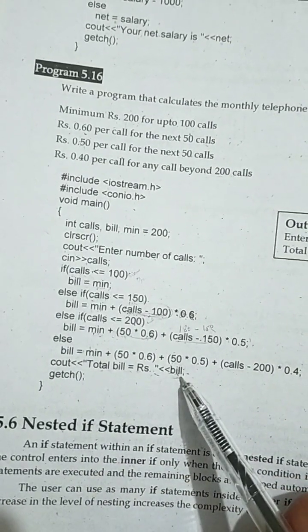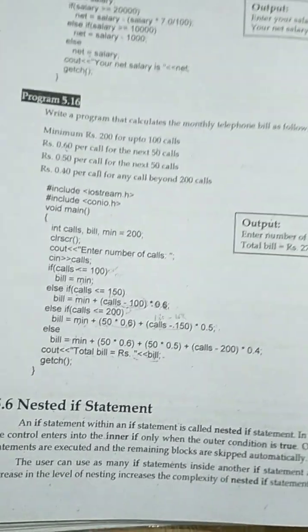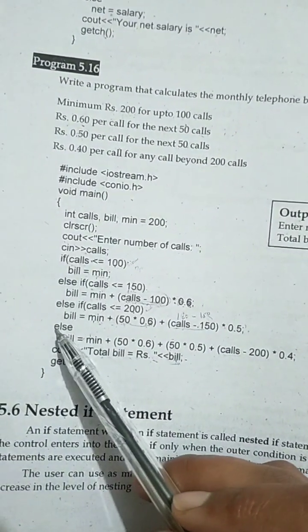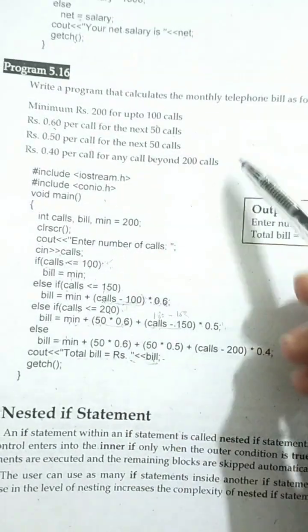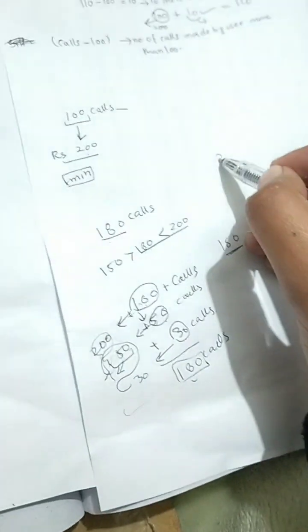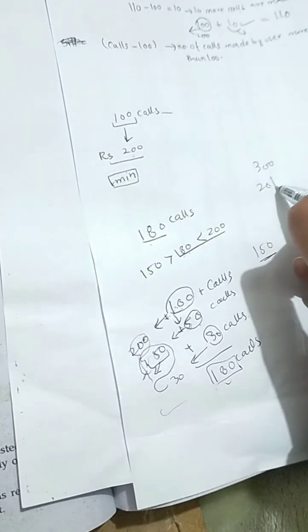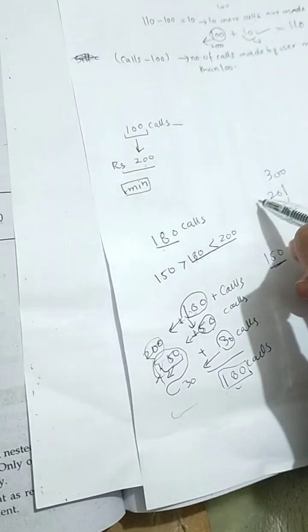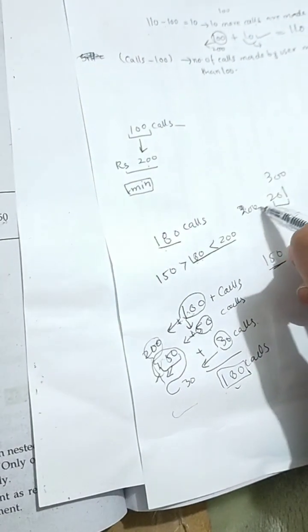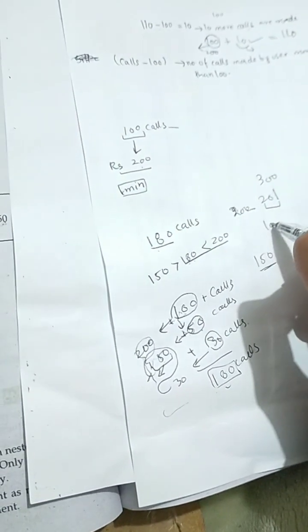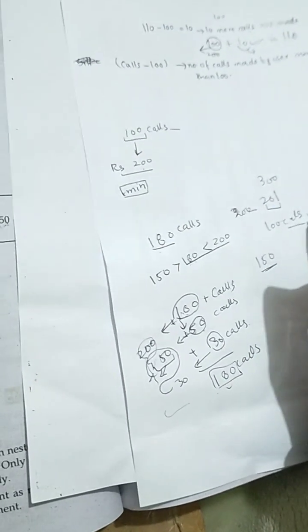So the next condition is else. What if the user enters calls beyond 200, like 300, or 201, which is also more than 200, or 1000 calls, then what will happen?